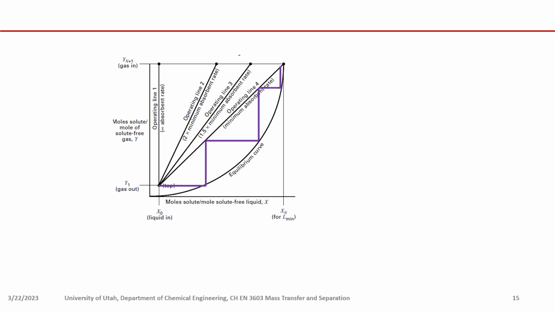What you will realize is that because these two curves cross at this point, when you do this march-off, you can never get out of this enclosed region, right? Because unlike in the previous case, for example operation line 3, where you have a gap between operation line 3 and the equilibrium curve, when you do the march-off, you can go out.